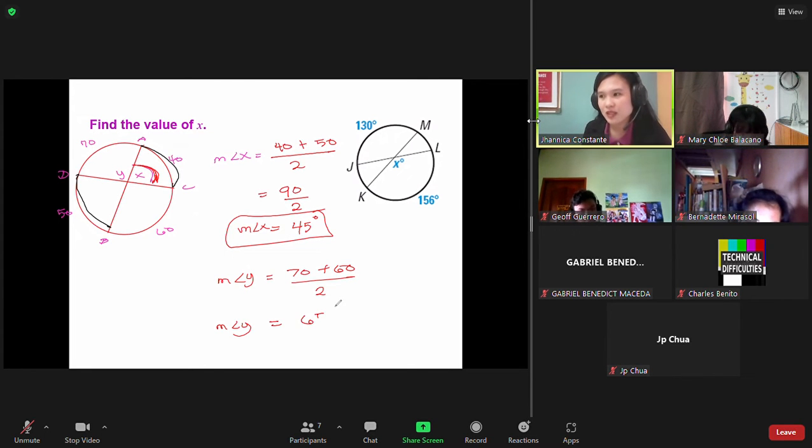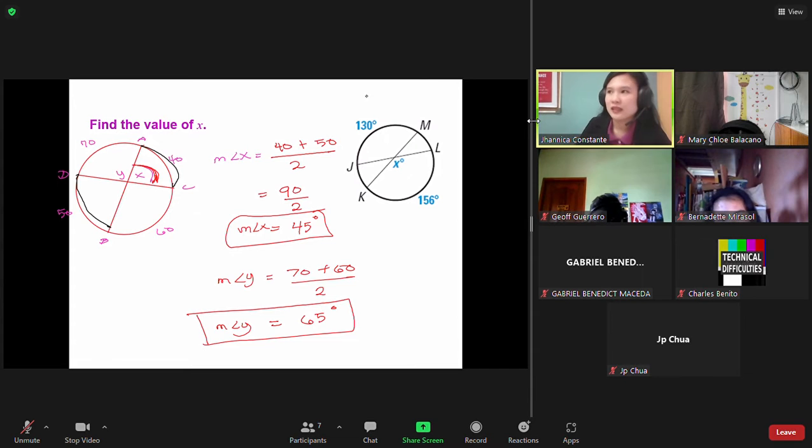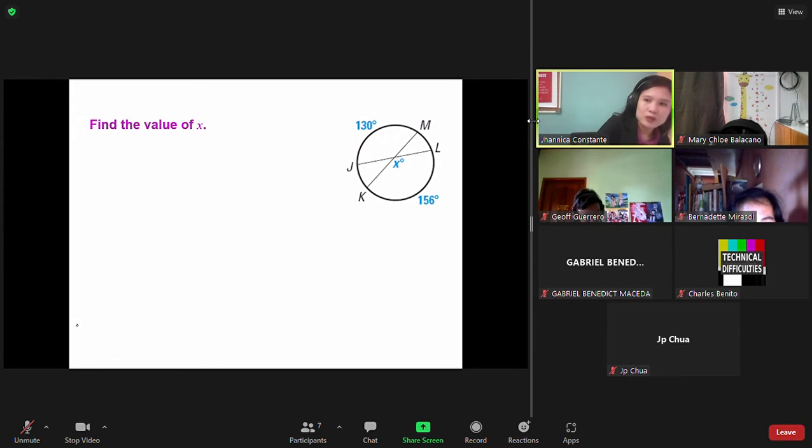So we have 65 degrees for our angle Y. So that's how we use the second theorem, finding the measurement of the angle created by a two chord intersecting at one point. Let's have another example before we proceed with our third theorem.